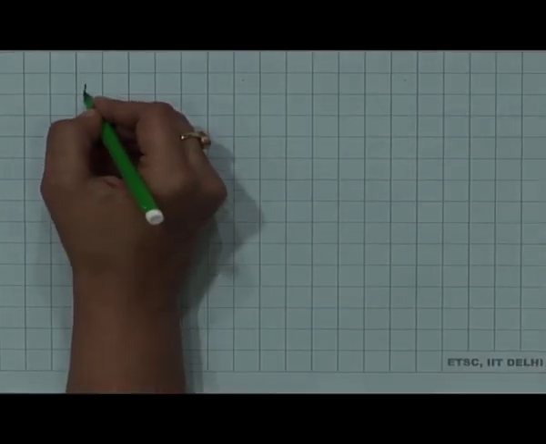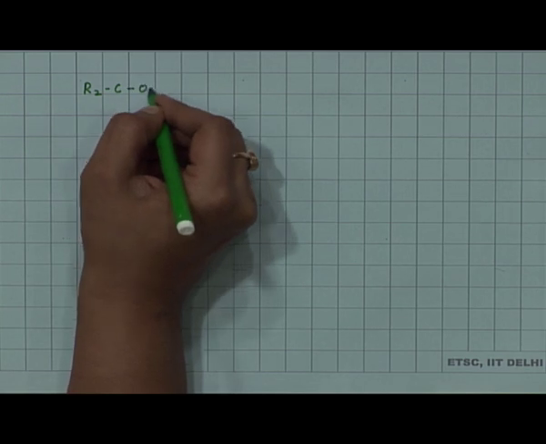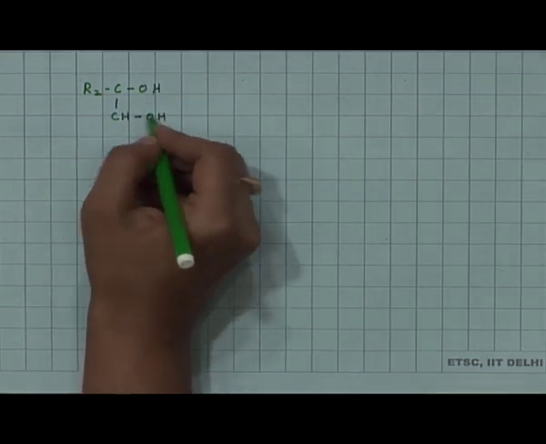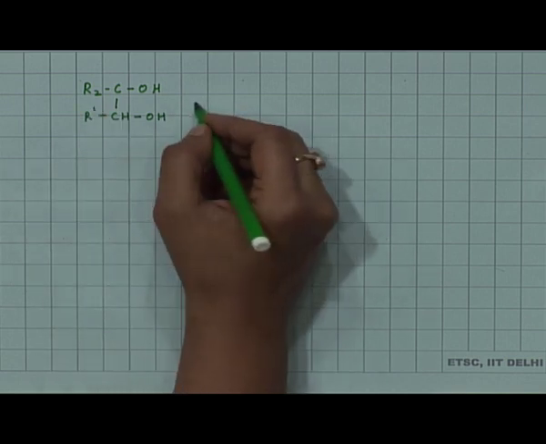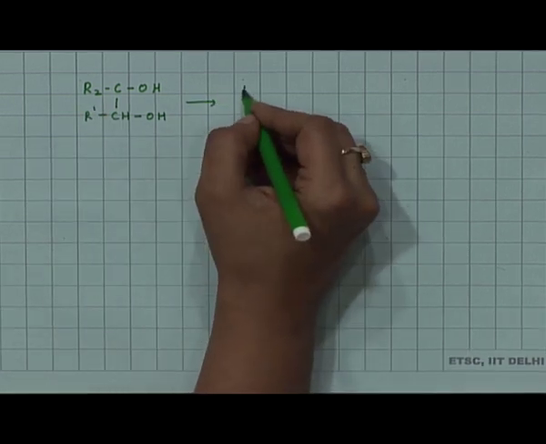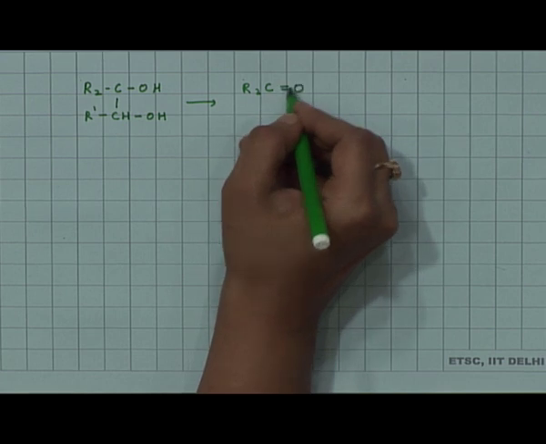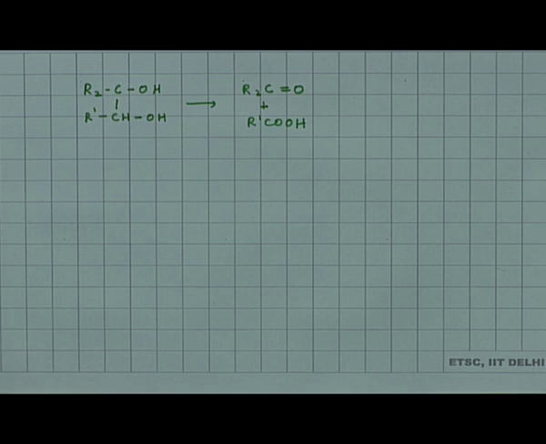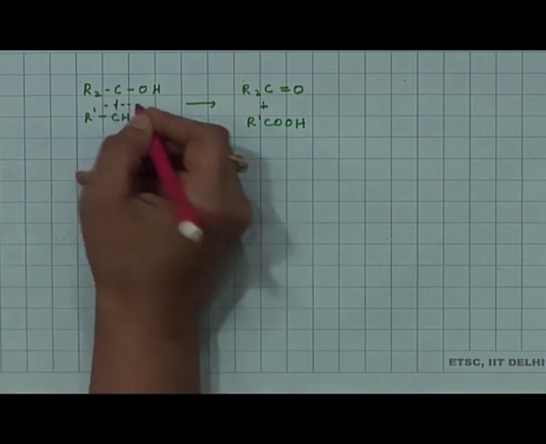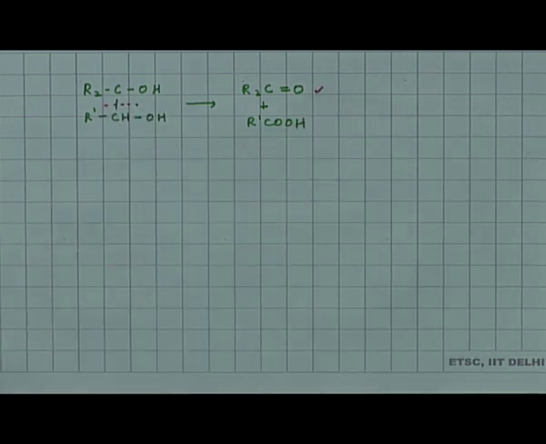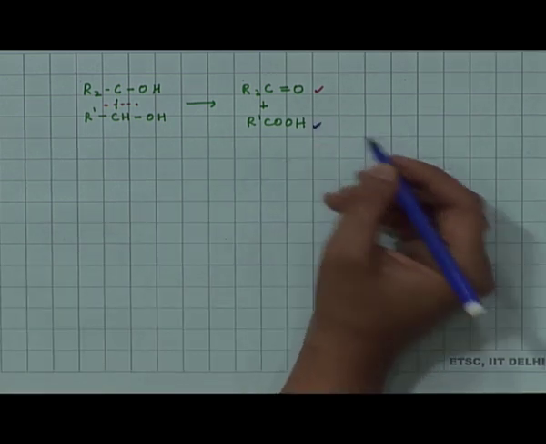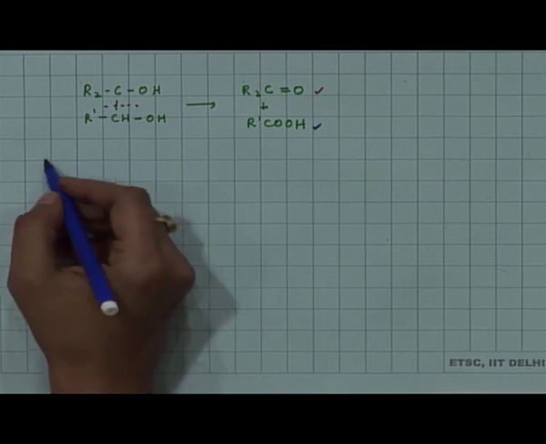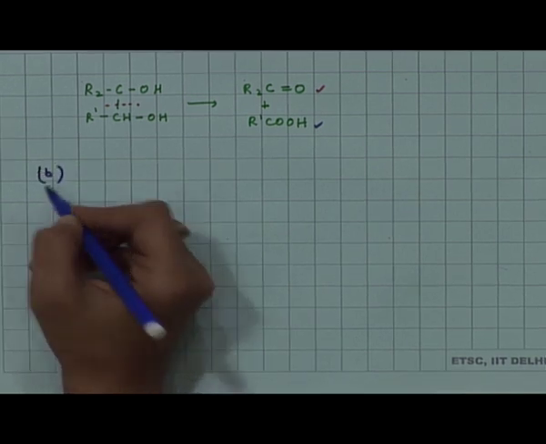If you start with a tertiary alcohol and a secondary alcohol, you end up with a ketone and the acid. As we say, with 3 degree alcohols we get the ketones, and with the 1 degree and 2 degree we get the acid. So, this is the oxidation of glycols with acidified KMnO4.